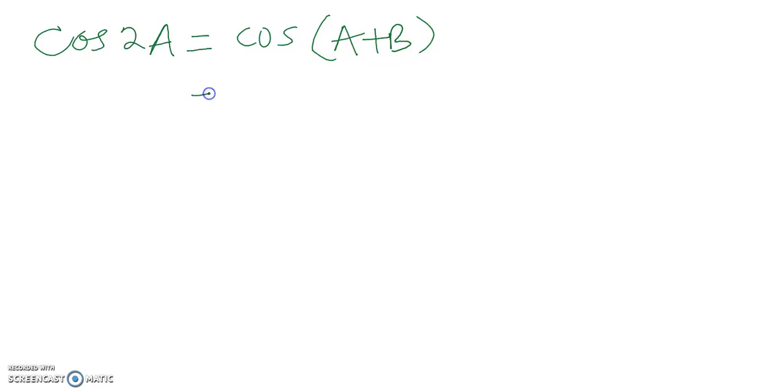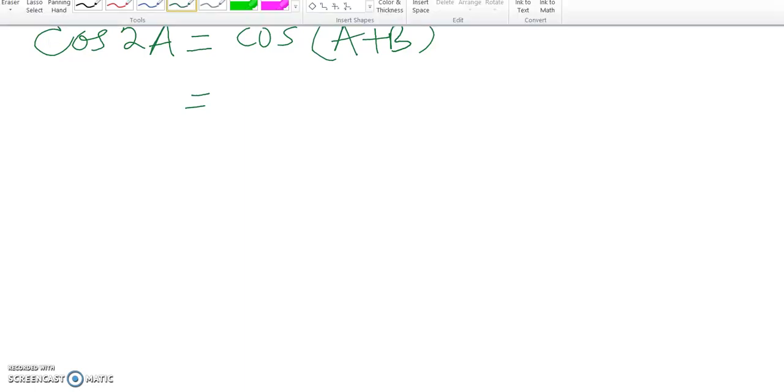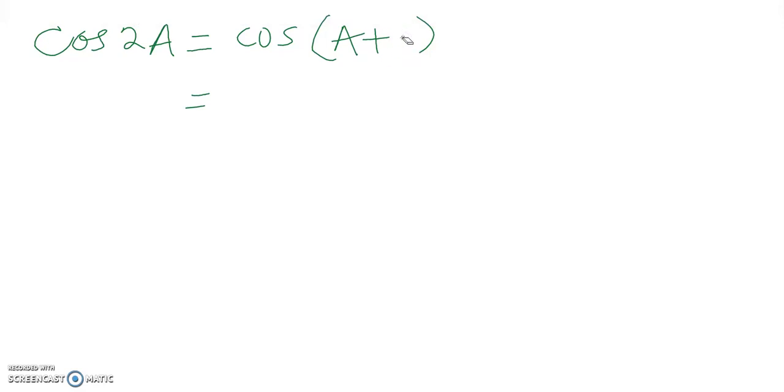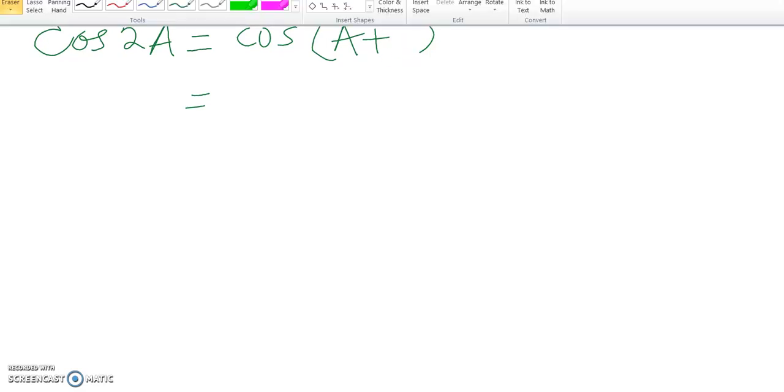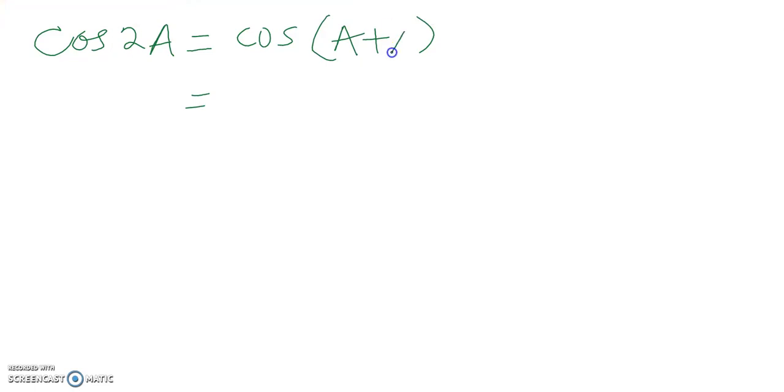And if you recall from our addition and subtraction formulas of sine and cosine, it's cos a cos a, and minus, note it is minus, not plus, sine a sine a.